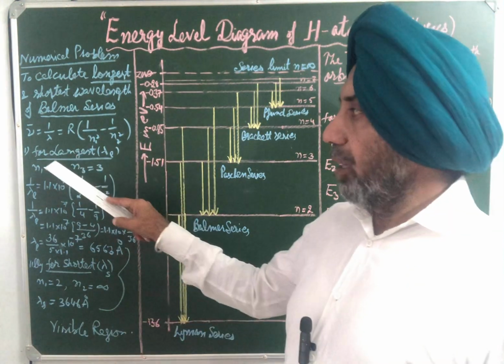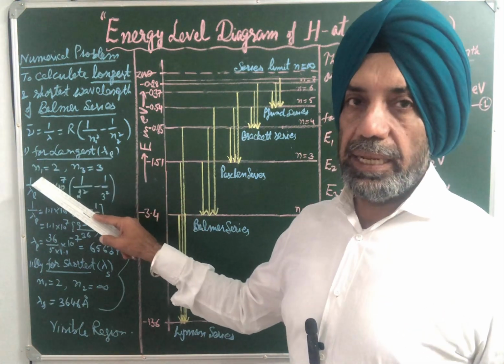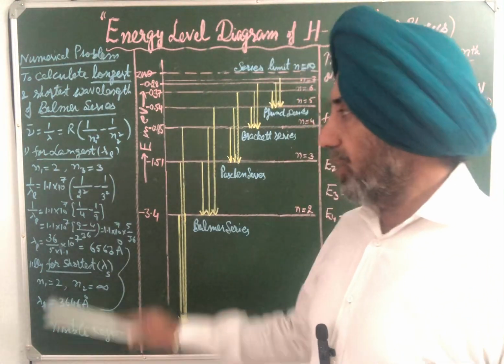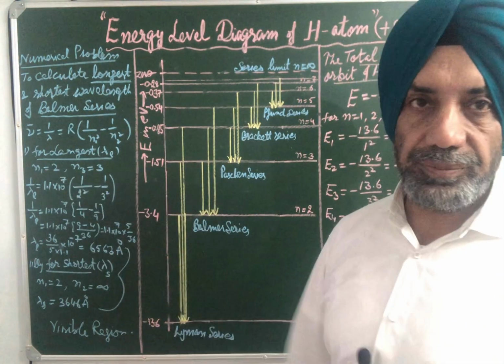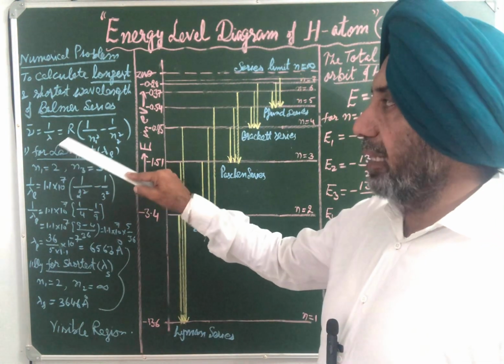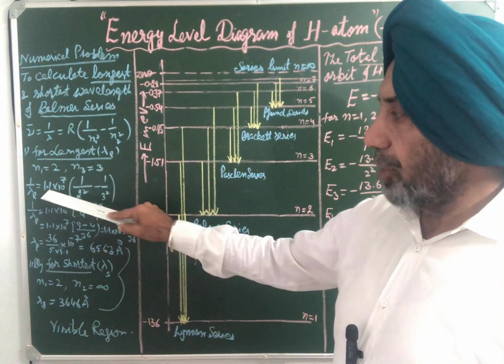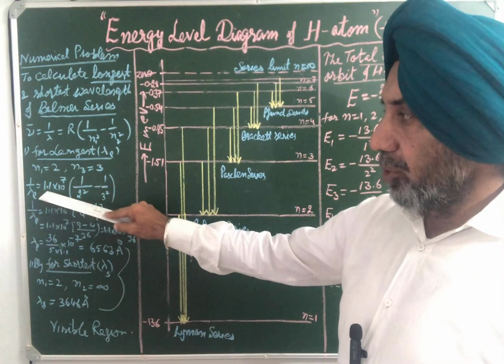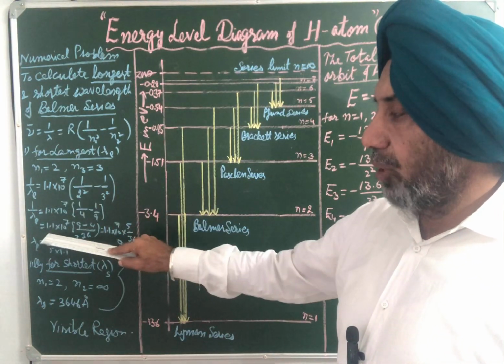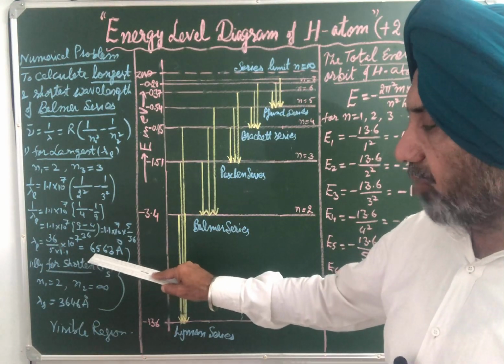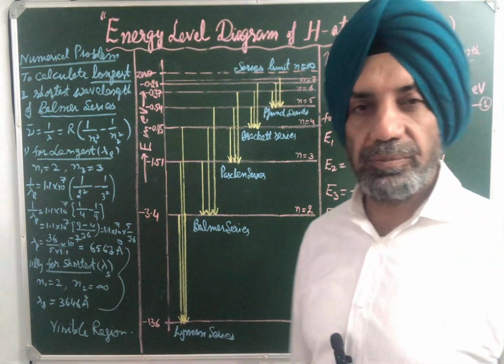But if you have to find longest wavelength, then take n2 equal to the next number after n1. That is, for longest wavelength of Balmer series, n1 is equal to 2, n2 is equal to 3. And if you substitute these values, and substitute the value of R, which is 1.097 into 10 to the power 7, you will get wavelength comes out to be 6563 angstrom.